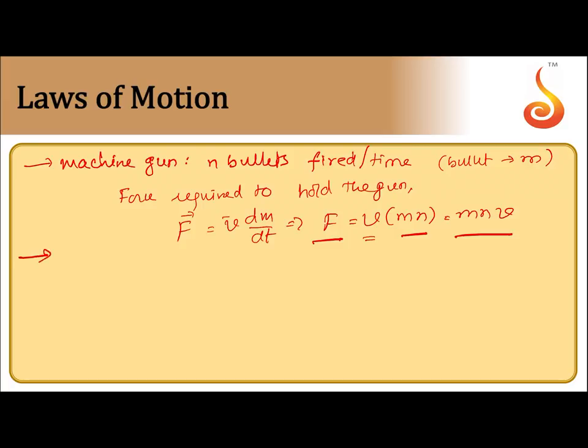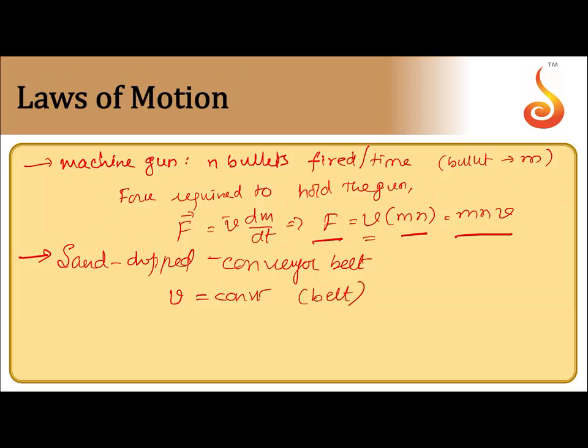One more. Let's assume that sand is dropped on a conveyor belt, and now I want to keep the speed of the belt constant. Then what force do I need to apply to keep the velocity of the belt constant?